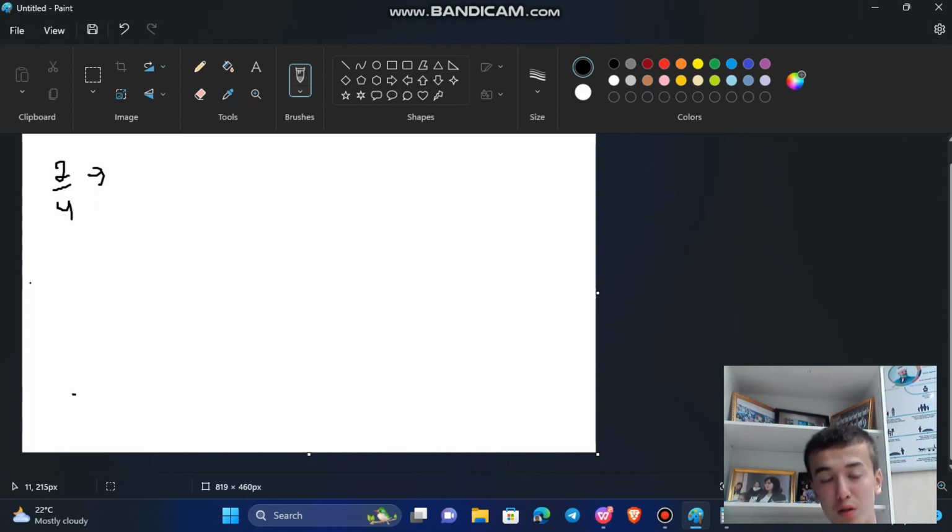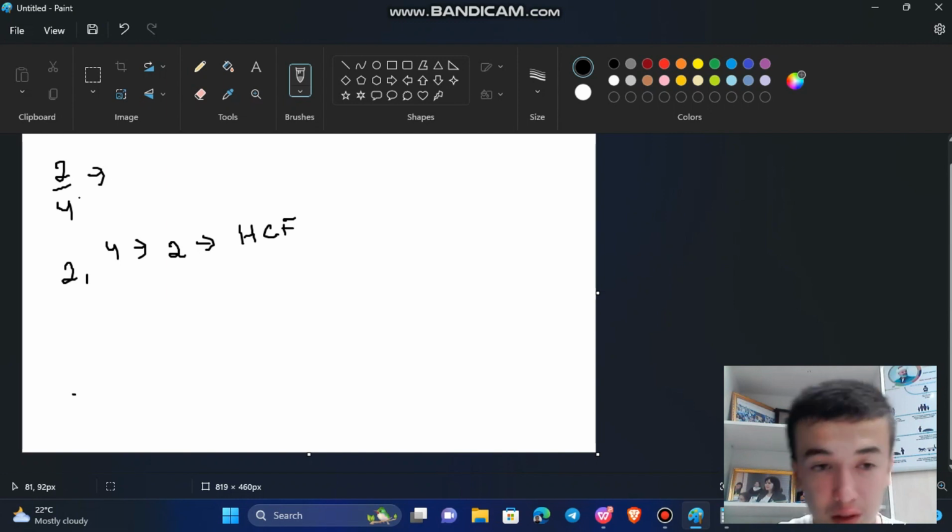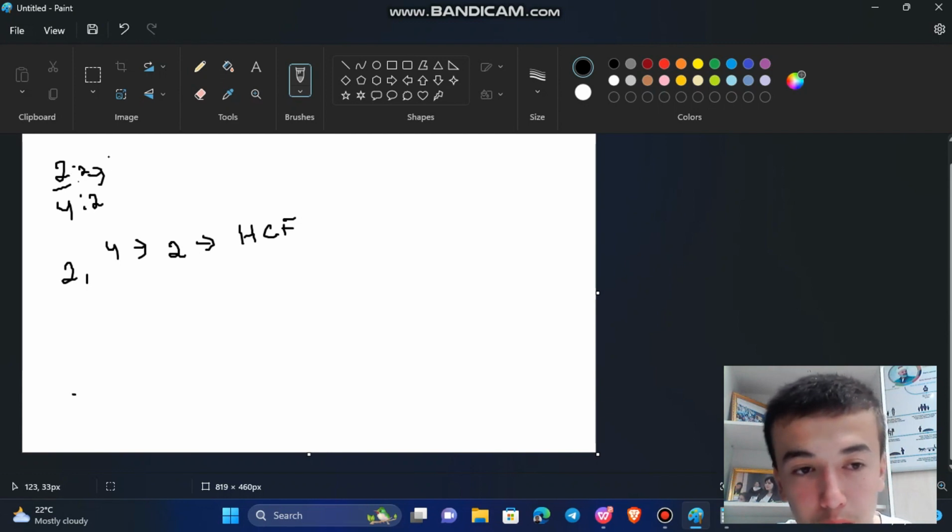Oh, sorry, the highest common factor. The highest common factor of 2 and 4 is 2. So first, we need to simplify this fraction. 2 can be divided by 2, and 4 can be divided by 2. 2 divided by 2 is equal to 1. 4 divided by 2 is equal to 2. So now we have simplified this fraction.